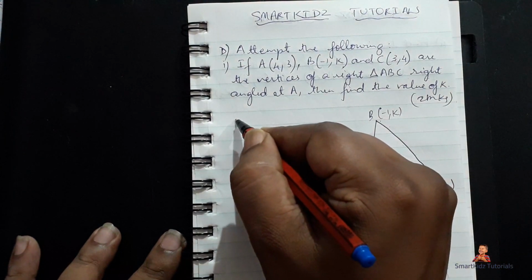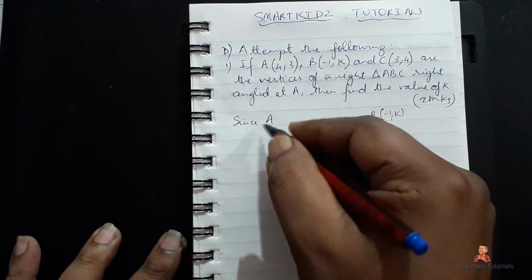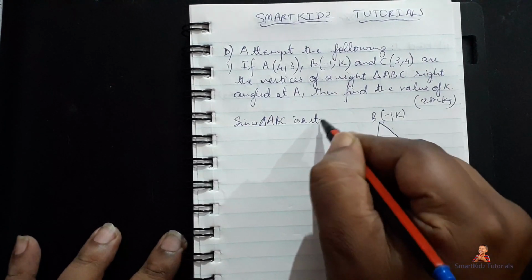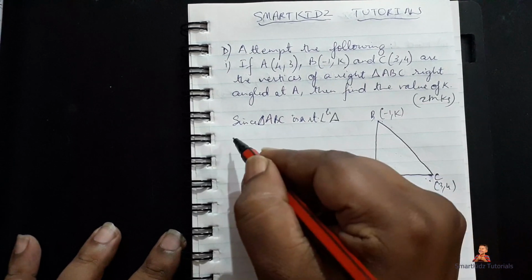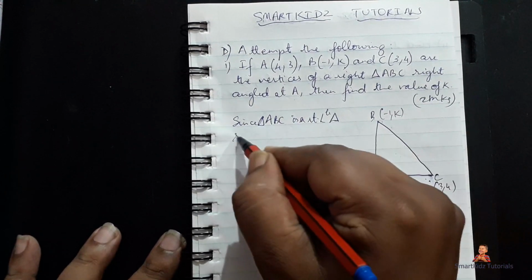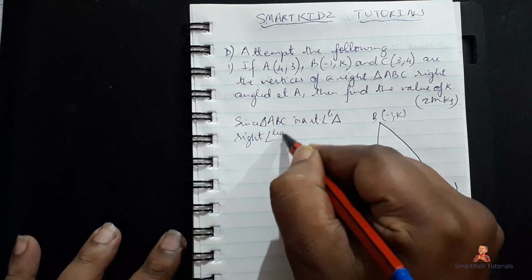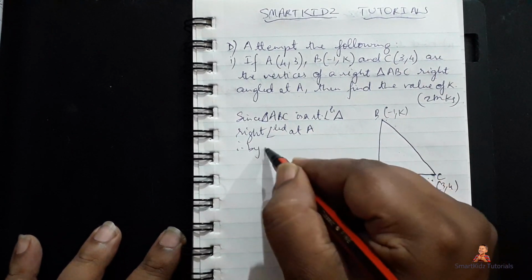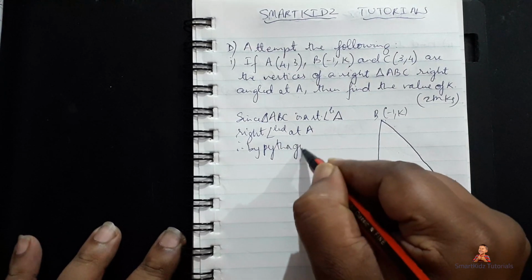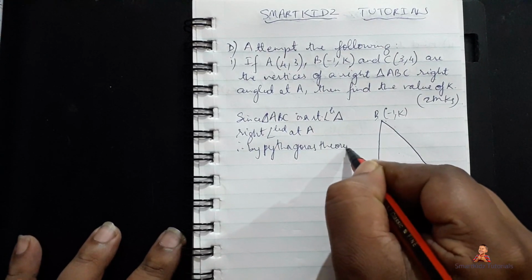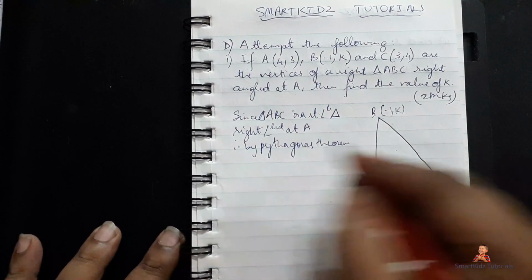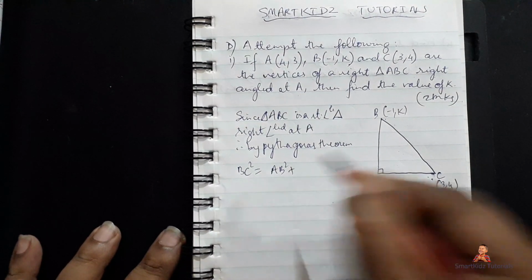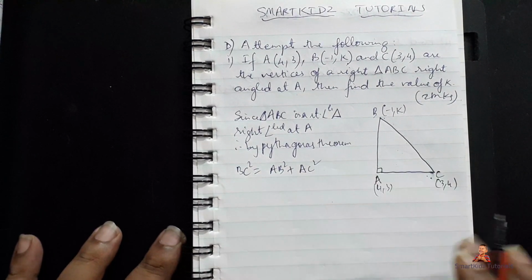So you can say since triangle ABC is a right angle triangle, right angled at A, therefore by Pythagoras theorem we have BC square equal to AB square plus AC square.